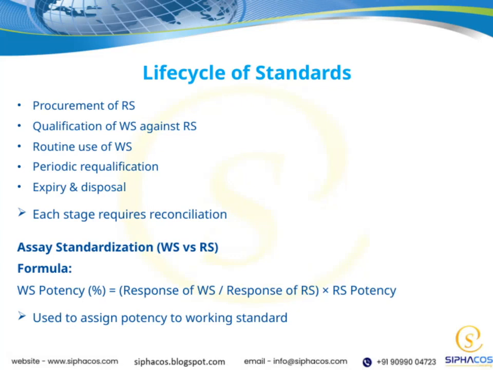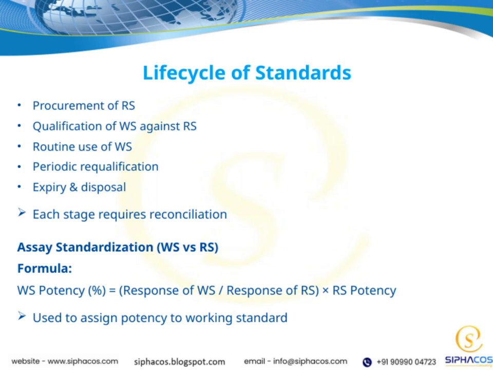Let's walk through the life cycle of standards, which is a crucial process in maintaining consistency and accuracy in our work. It all begins with the procurement of the reference standard, or RS, which is the foundational material for calibration. Next, we move to the qualification of our working standard, or WS, against that RS to ensure it's aligned and reliable.